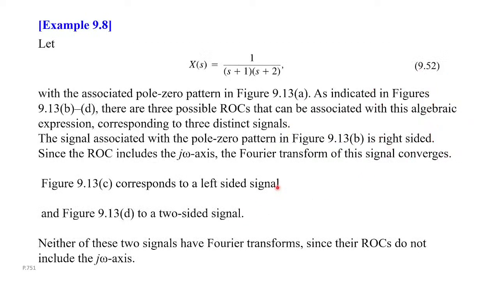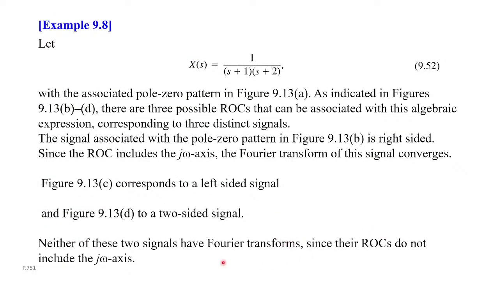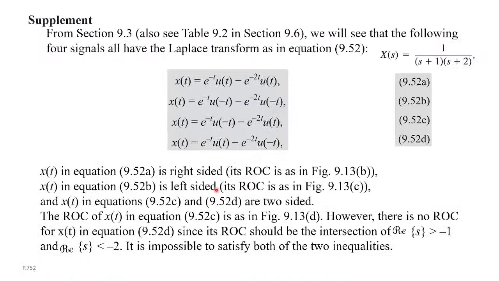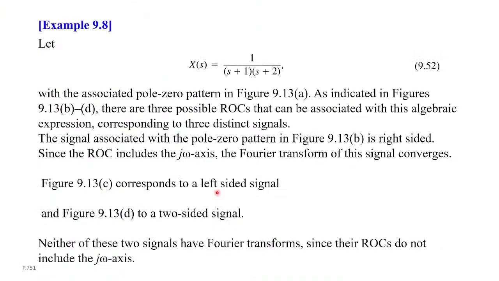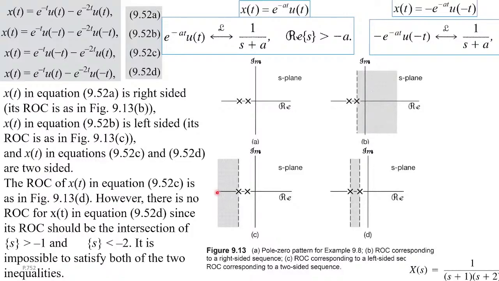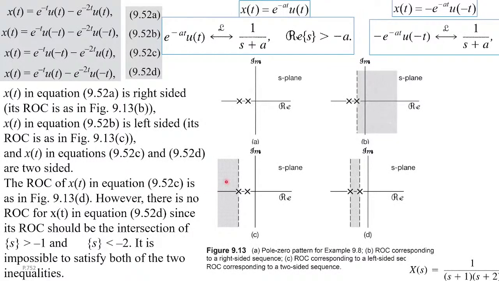So that's rational function. We're going to see an example to make this very clear. Okay, so here is the rational function: X(s) equal to 1 over (s+1) times (s+2).